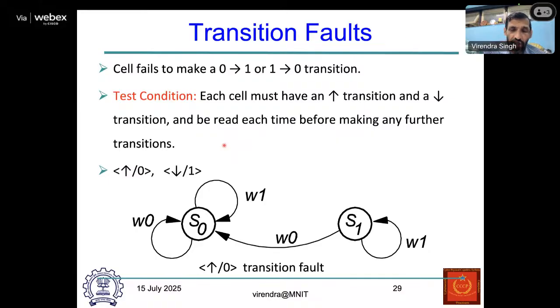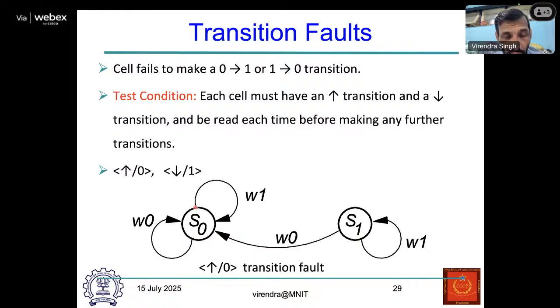So now say it fails to transit from 0 to 1. In that case, when it is in state 0 and you write 0, it will continue to stay in state 0.